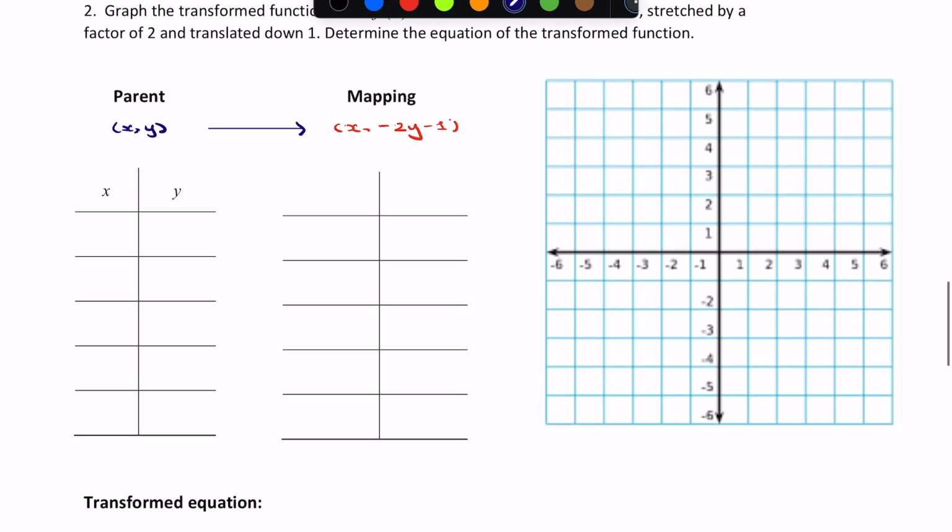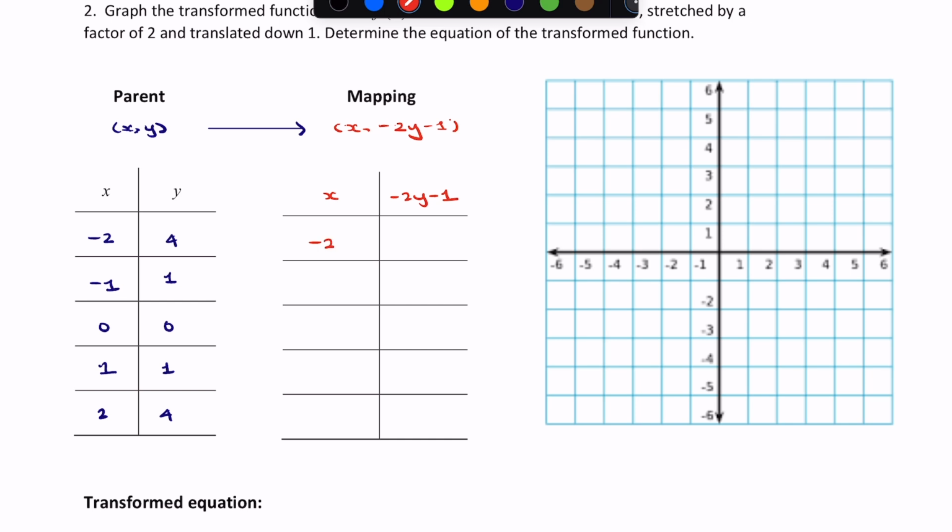So here, our parent function x values stay the same: negative 2, negative 1, 0, 1, and 2, with y values 4, 1, 0, 1, and 4. For mapping notation, our x values will stay the same, they don't change. And for our y values, we see that it's negative 2y minus 1.